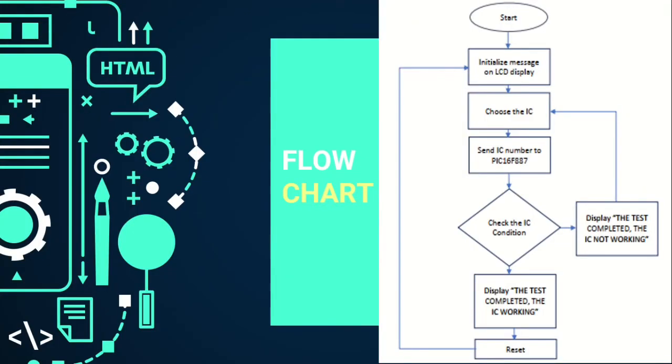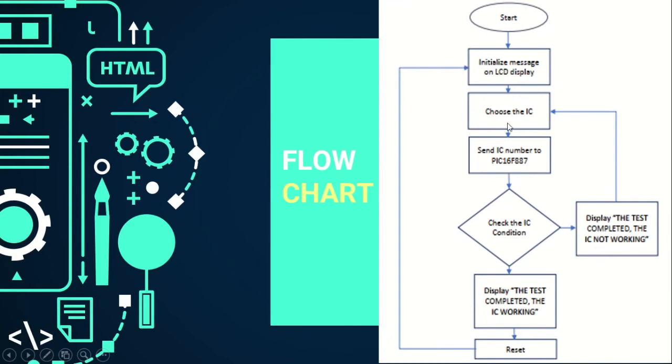So this is my flow chart. As usual, we start at the start, and then it will initialize the message on the LCD, and then this is where we choose the IC.